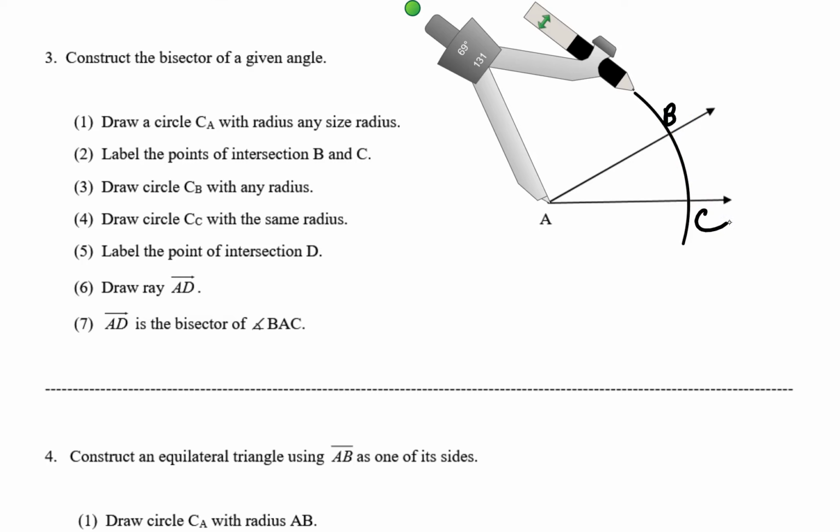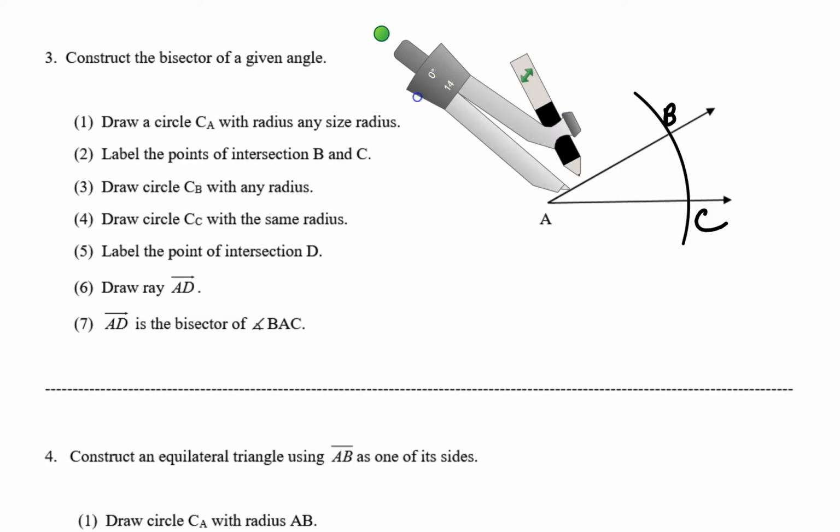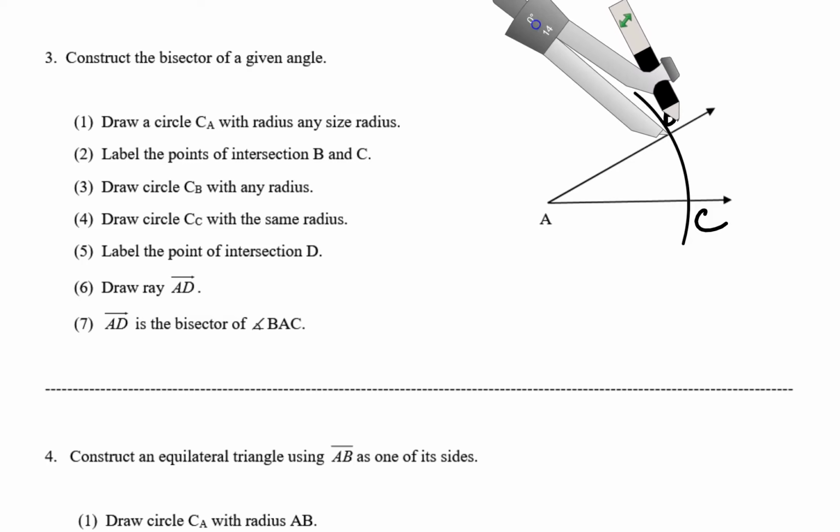And we're going to draw circle B, any radius. Okay, so I'm going to pick up my compass. I'm just going to close this a little bit here. Pick up my compass, go to B. And draw a circle.